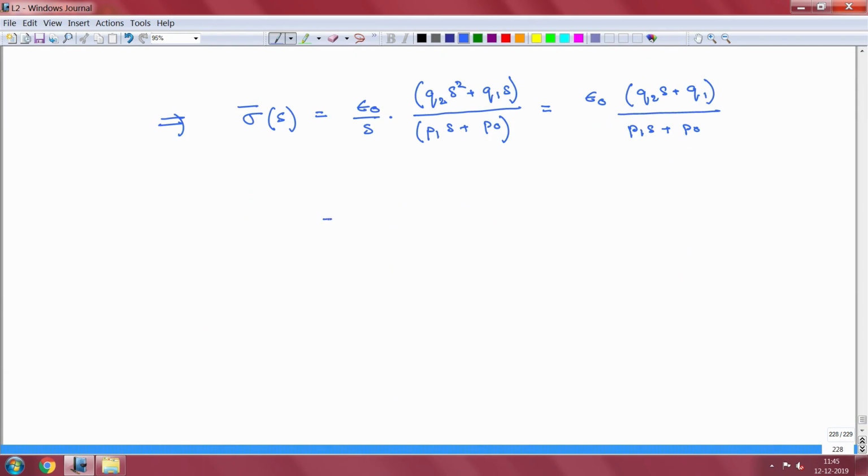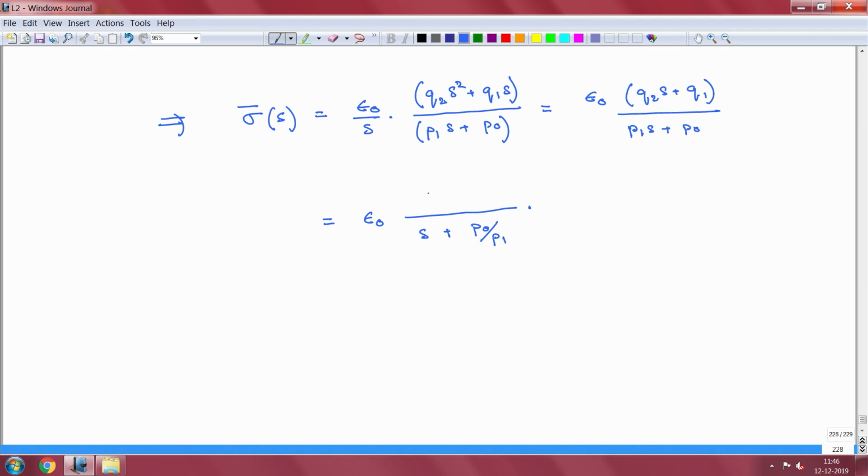I am a bit out of space there, so I am just going to write it over here. I am going to simplify the equation a little bit. I divide the denominator by p1, so I end up with s plus p naught by p1.